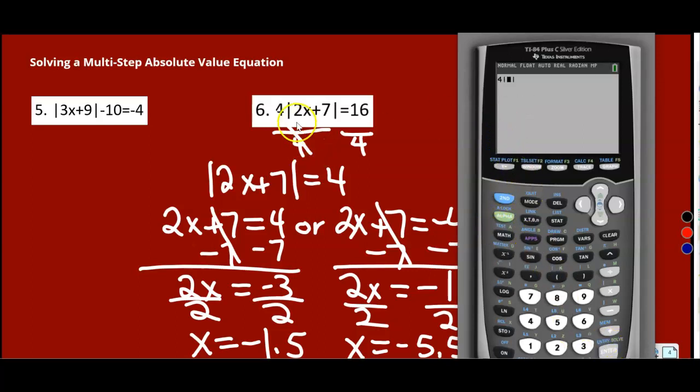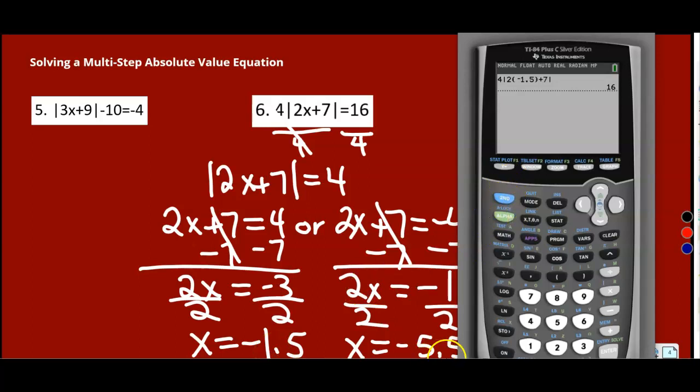Then we have 2 times negative 1.5, in parentheses because that's the x I'm substituting in, plus 7. Then I arrow outside the absolute value before I hit enter. So that equals 16, so 16 equals 16. We can determine that the first one is correct.